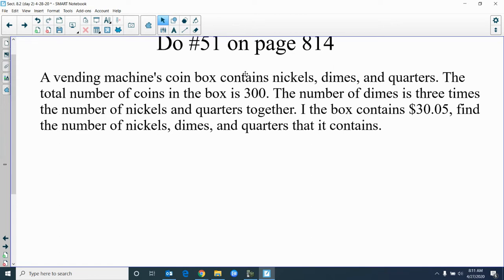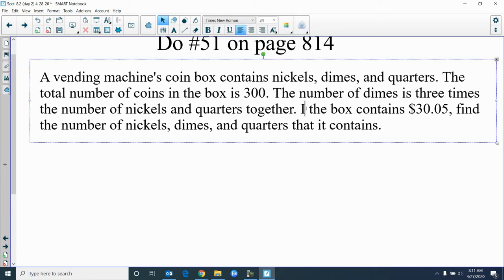You can use A, B, and C, X, Y, and Z, or N, D, and Q. Doesn't matter. The total number of coins in the box is 300. The number of dimes is 3 times the number of nickels and quarters together. And if the box contains $30.05, find the number of nickels, dimes, and quarters that it contains.